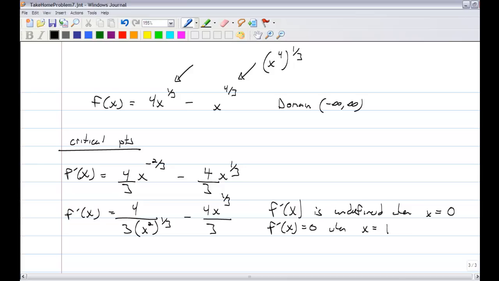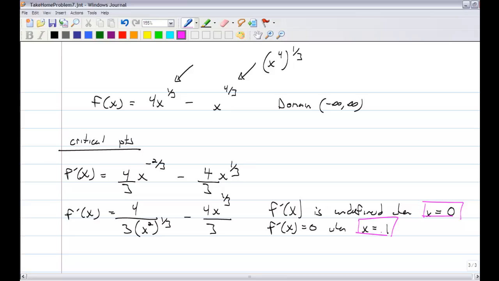Okay, so here's the thing. The prompt says determine any relative extrema using the second derivative test. We've just talked about critical points, and we've said you might have a relative extreme value here or here.